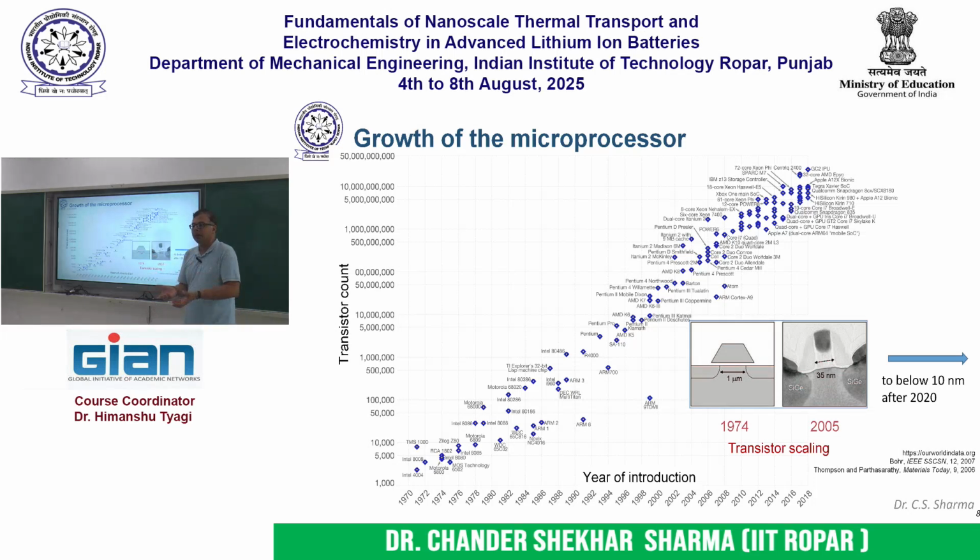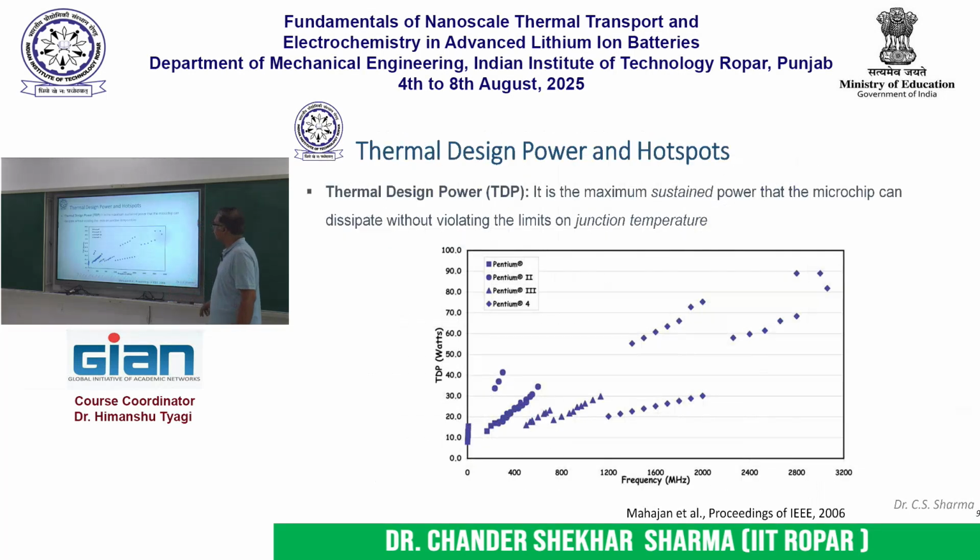So but all this has to be powered up somehow. In the mobile computing devices, it has to be powered up by batteries, and at the same time whatever heat is getting generated, that has to be also safely dissipated. So here we talk about the thermal design power of a device. So thermal design power means that it is the maximum sustained power that a microchip can dissipate without violating the limits of junction temperature.